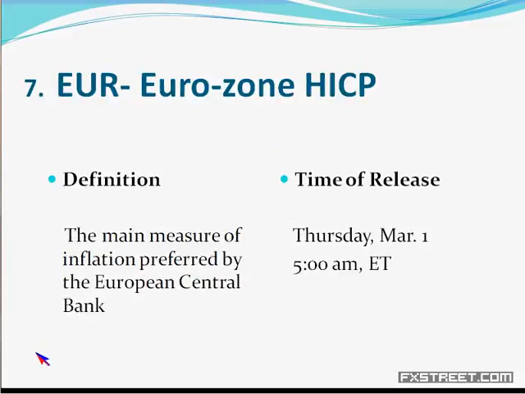Moving forward, we're going to see on Thursday of next week the Eurozone harmonized index of consumer prices. That's the main measure of inflation prepared by the European Central Bank. I also already mentioned earlier what the implications of that report could be, especially if the inflation gauge continues to drop in the Eurozone, despite the fact that we had two aggressive interest rate cuts by the new president, Mario Draghi, who undid the previous president Trichet's two interest rate hikes earlier in 2011.